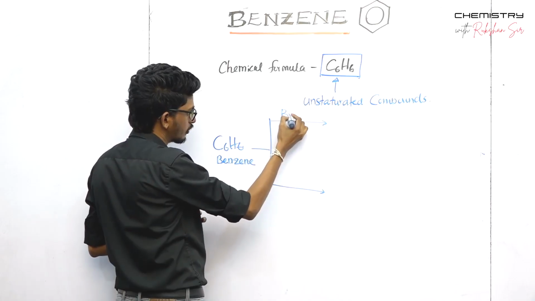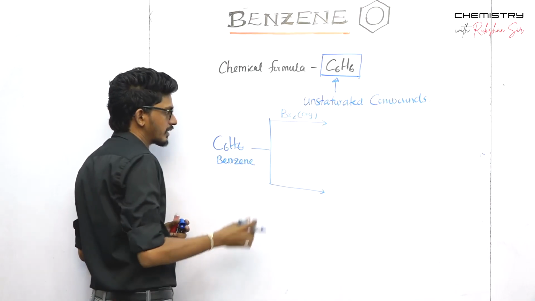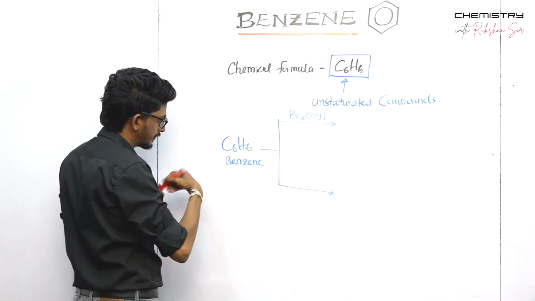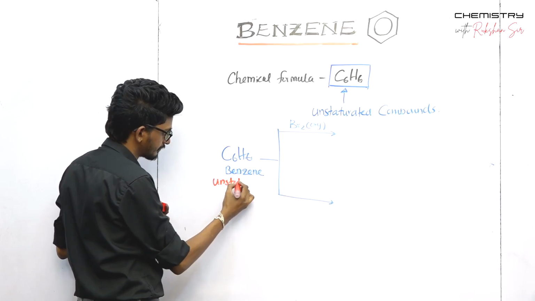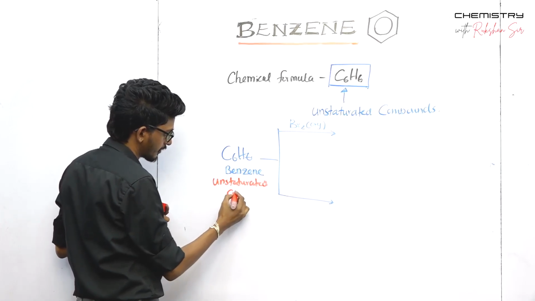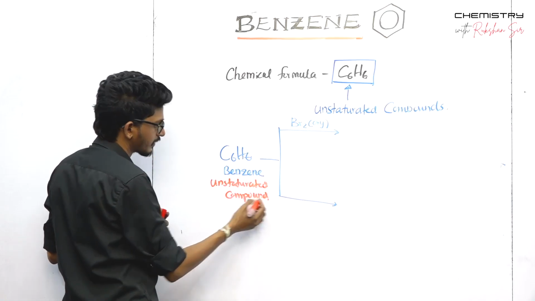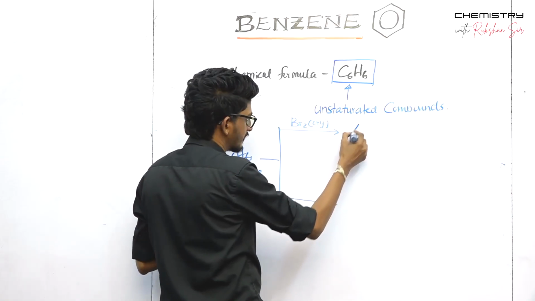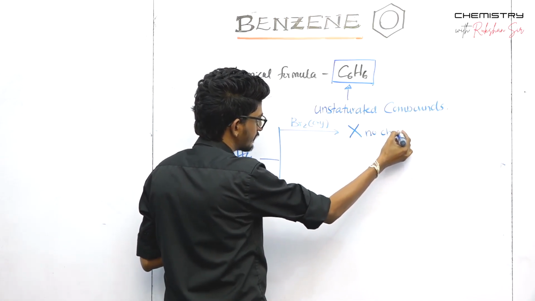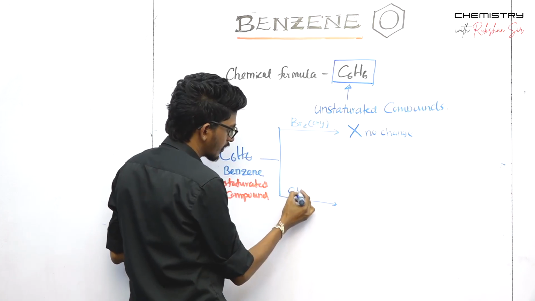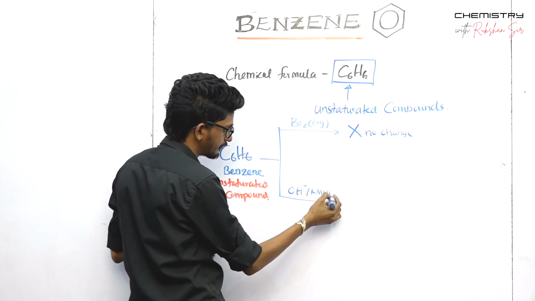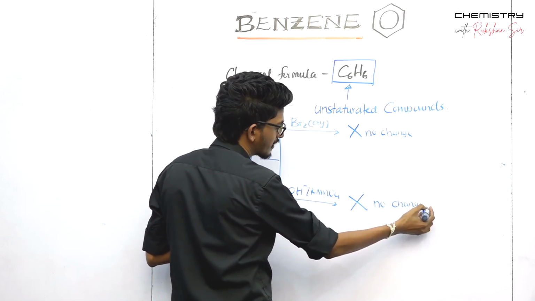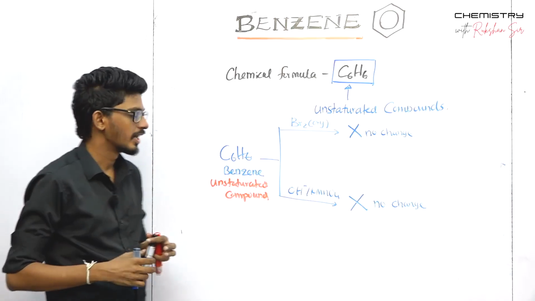If you add Br2 in an organic layer, we expect it to react with benzene as it's an unsaturated compound, but you won't see any change. Even with basic KMnO4, no change. No change means no reaction. So we have a problem.